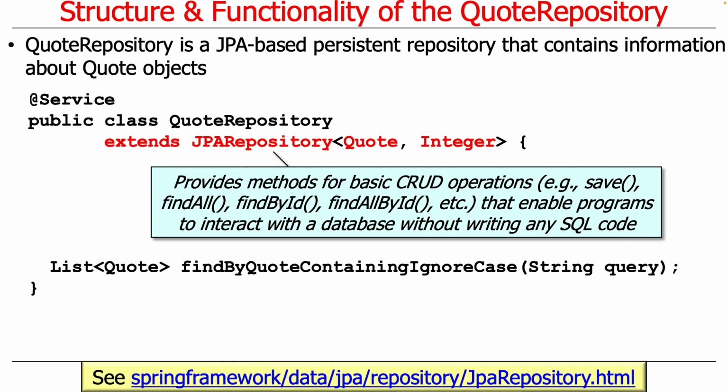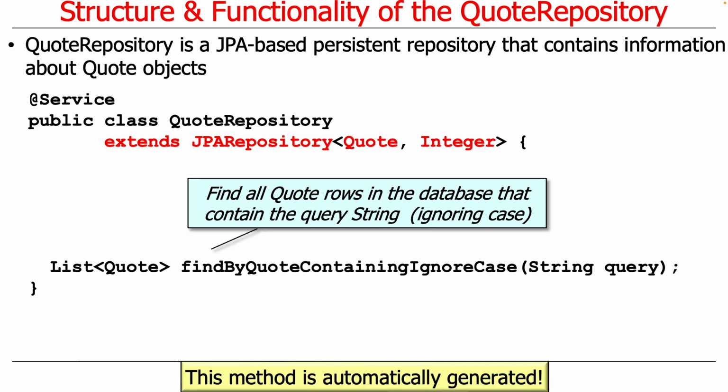Sometimes you can't quite do it with what they have out of the box, but you can then jump over and write your own queries if you want. So JPA repository is parameterized by quote and an integer. So the integer is the ID, and the quote is the string that we've seen so far.